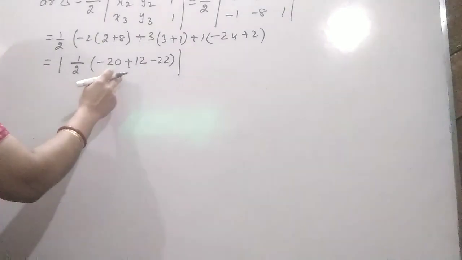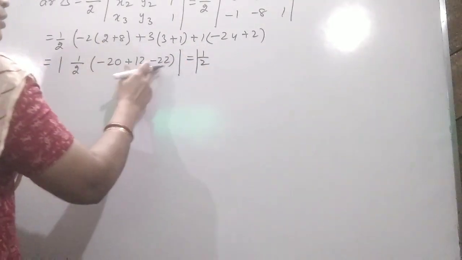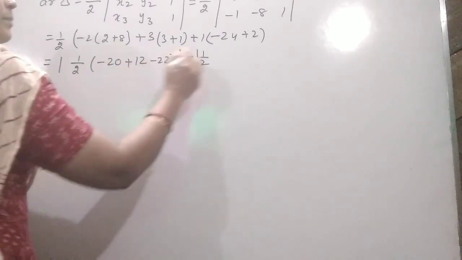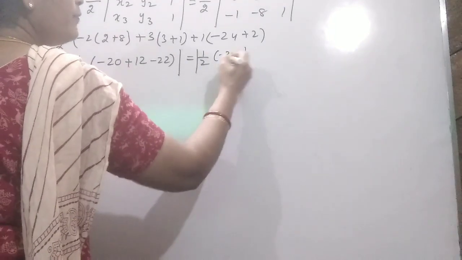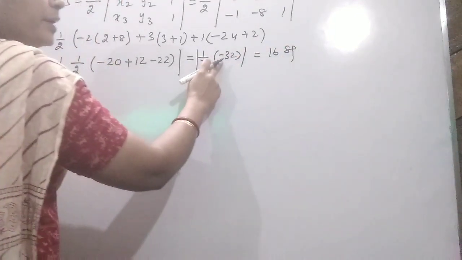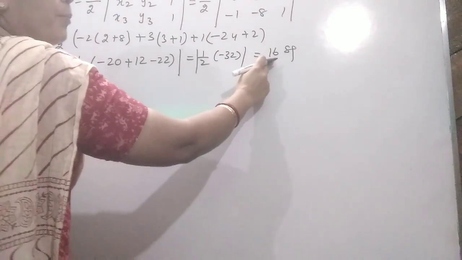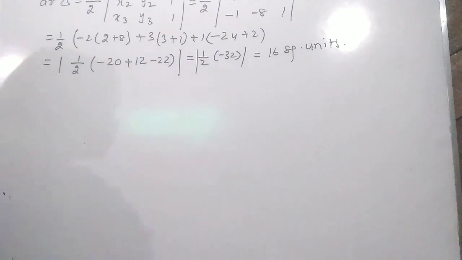I'm presenting it as a modulus value, so that is half into minus 10, minus 32, which is minus 32. If I simplify this, I get 16. I'm getting a negative value, but I'm presenting it as positive: 16 square units. You should not forget to write square units because it is an area.